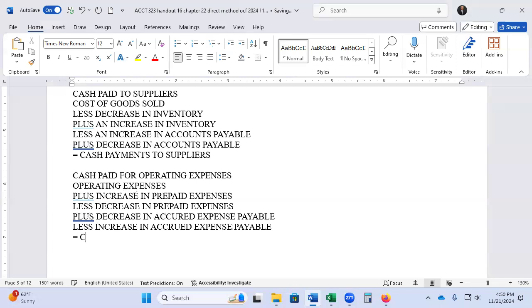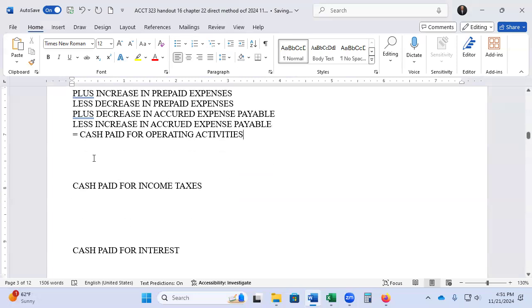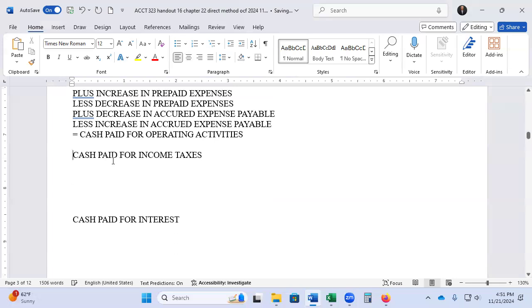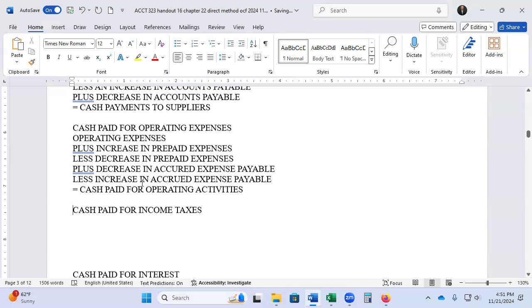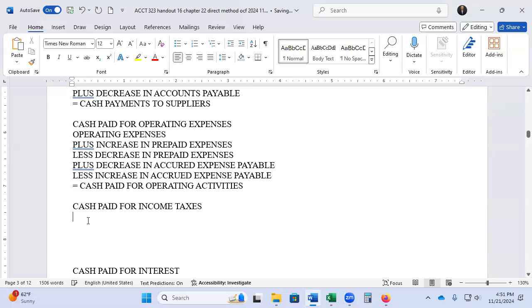And that equals cash paid for operating activities. Now notice that in this example, everything's kind of lumped into operating activities, like sales and sales expenses, etc. So they just listed all the operating activities instead of the employees' wages separately.